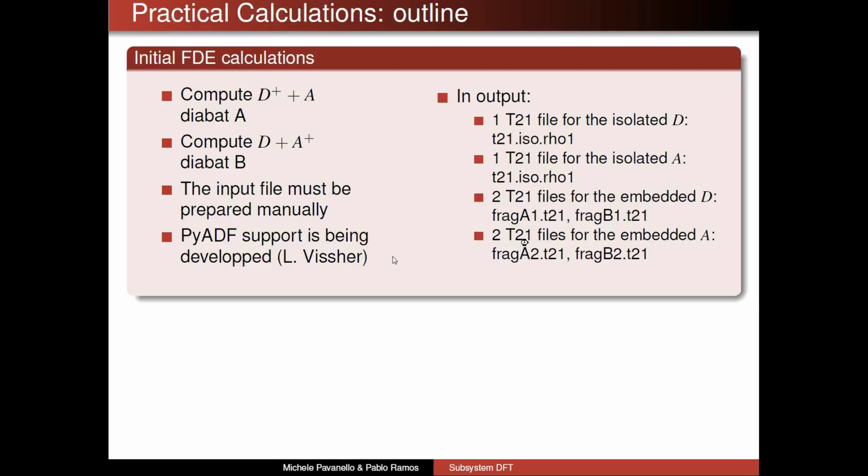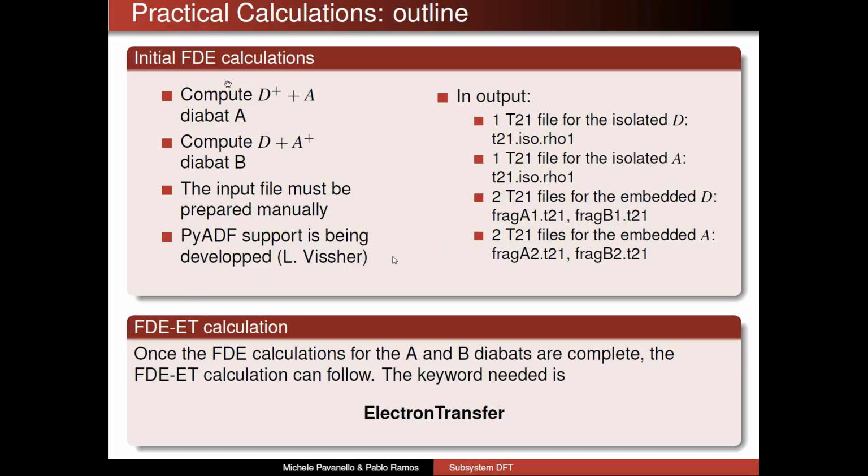Okay, once you have completed these two separate FDE calculations for the two diabatic states, you can run a third calculation with the electron transfer keyword that combines these two diabatic states to output the coupling.